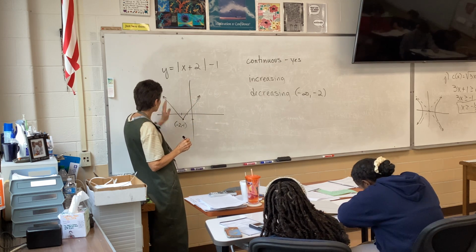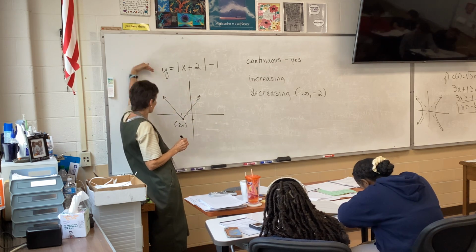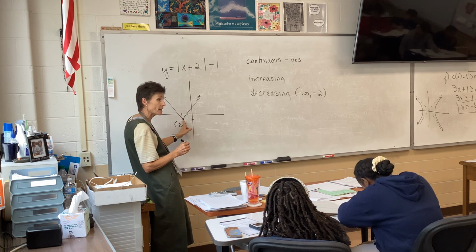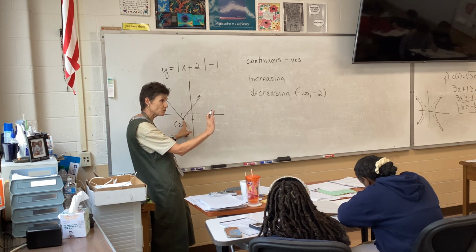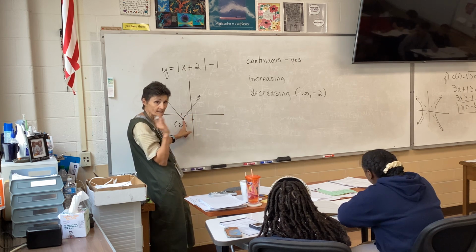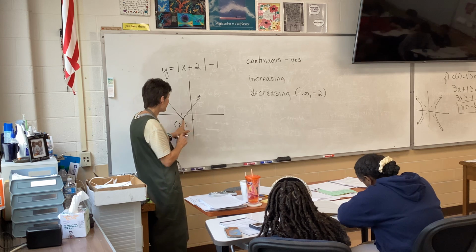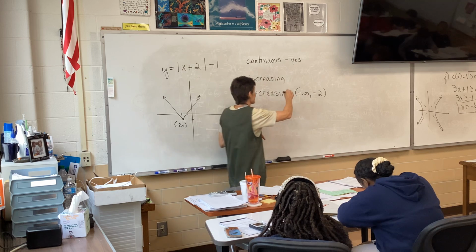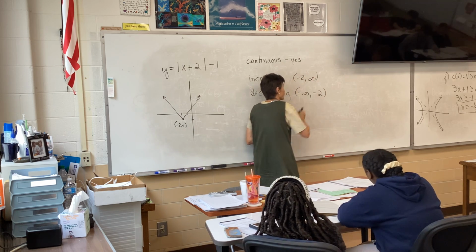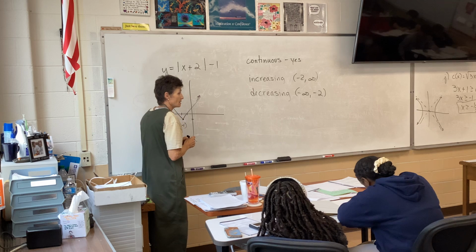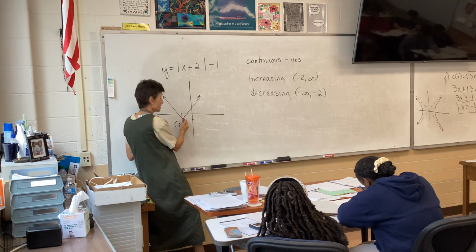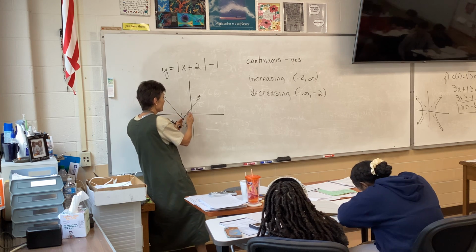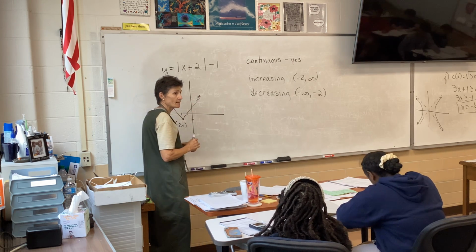I know that arrow goes up, but I'm going this way, left to right. So I'm going down, down, down until I get to -2. And then what happens once I get to -2? Now I'm increasing. This is like your pivot point right here. You're decreasing till we get to -2, and then we are increasing after that.